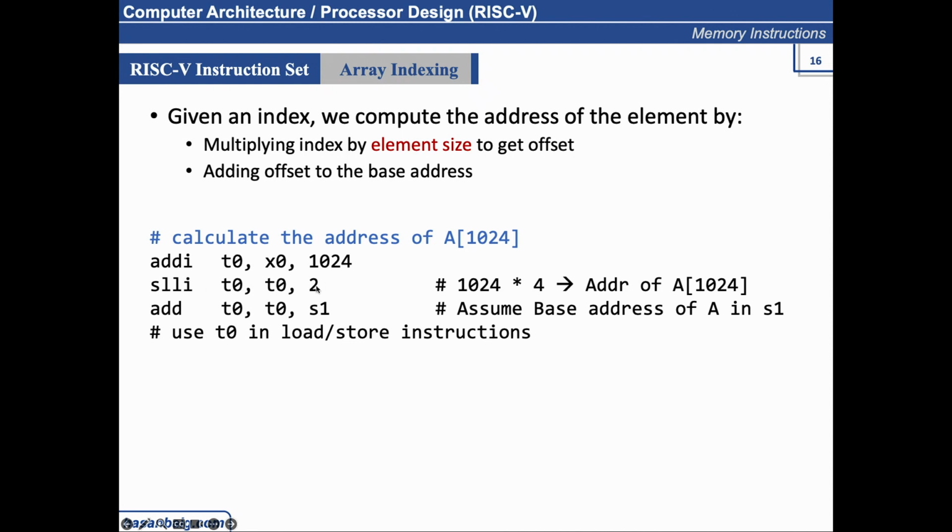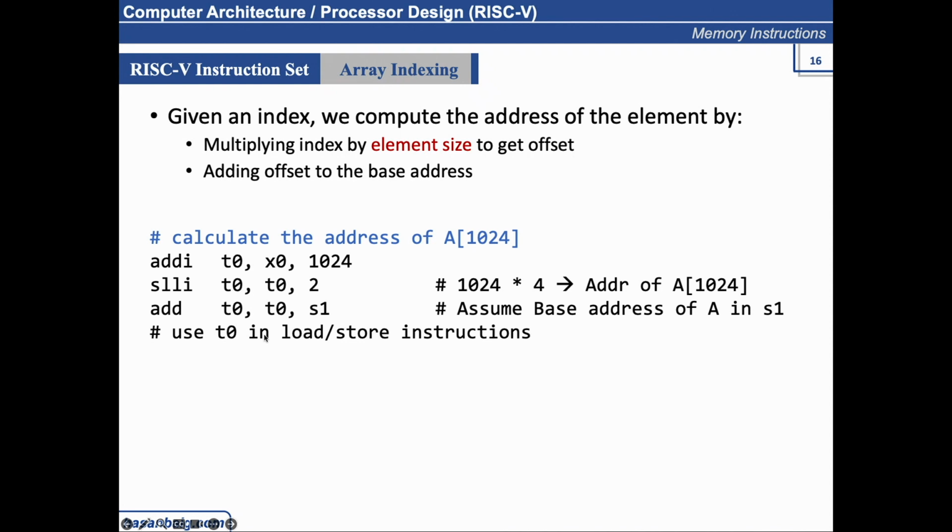Shifting it twice means we're multiplying the value by 4. It will give us the offset value. And then t0, which contains the offset, plus s1. s1 corresponds to the base address, a saved register containing the base address. Then we will get the effective address, the entire address, in t0.